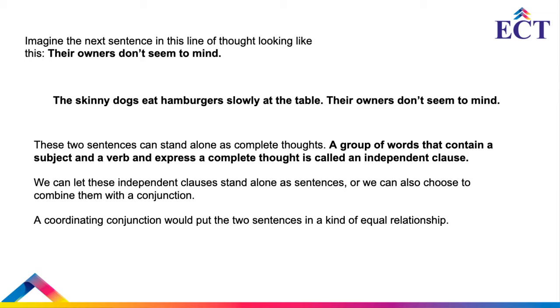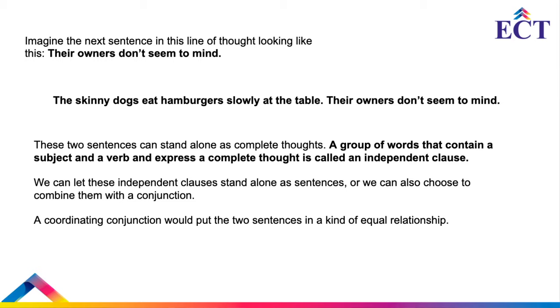Now, these two sentences can stand alone as a complete thought. They can be two different sentences. A group of words that contain a subject and a verb and expresses a complete thought is called an independent clause. So now there is a concept of independent clause and dependent clause.